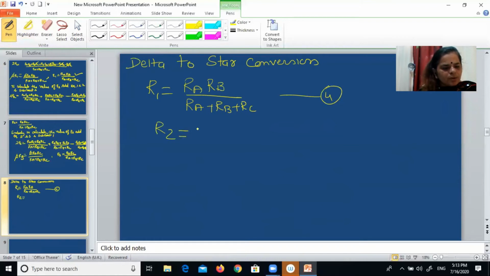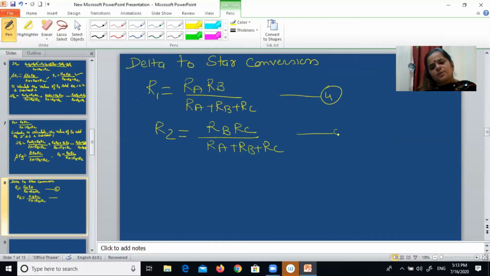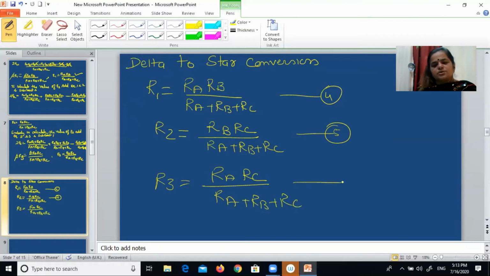Similarly, R2 is RB RC upon RA plus RB plus RC. This is equation number 5. Similarly, R3 is equal to RA RC upon RA plus RB plus RC. So these are the delta to star conversion equations.